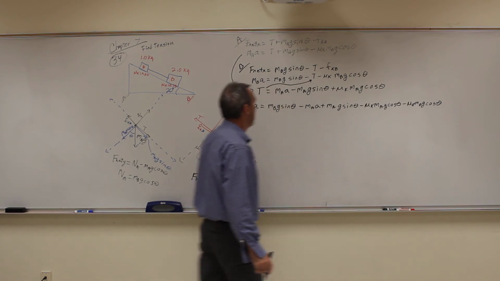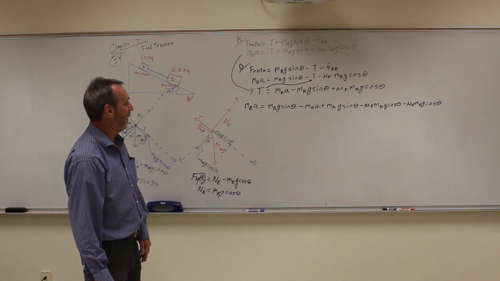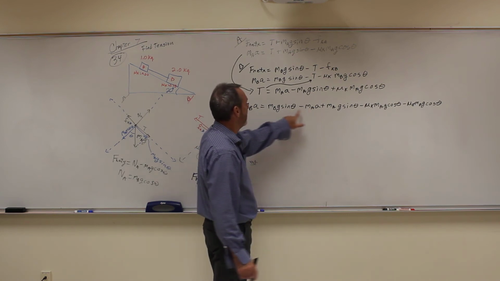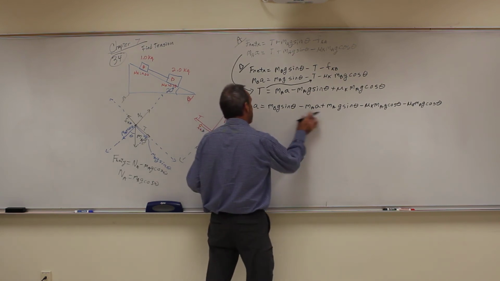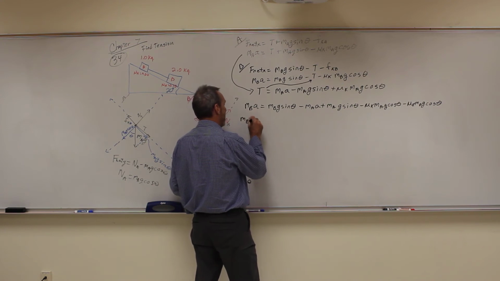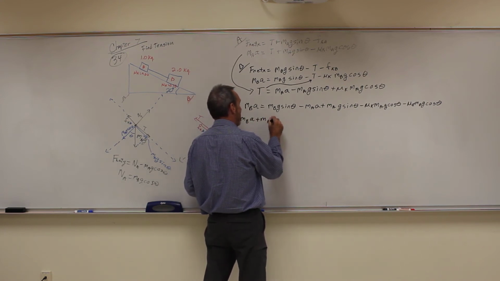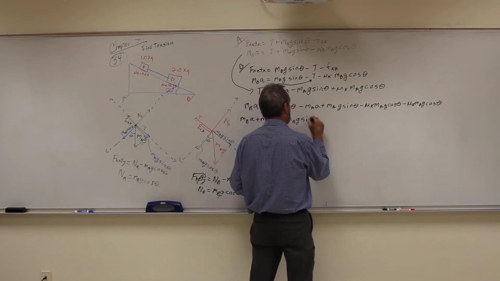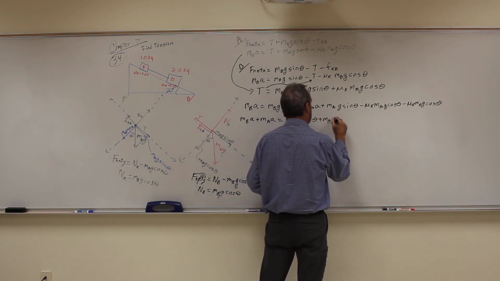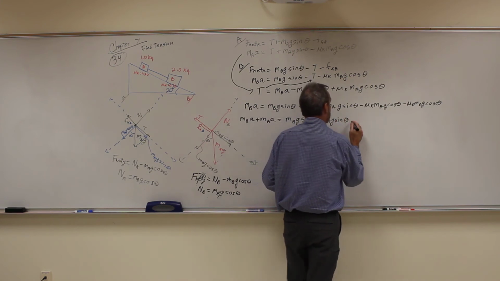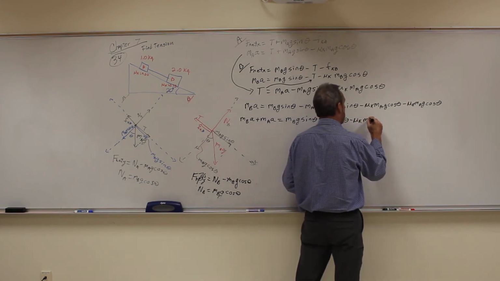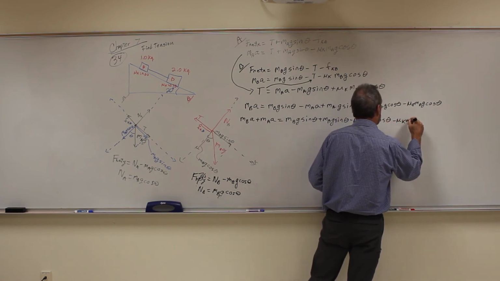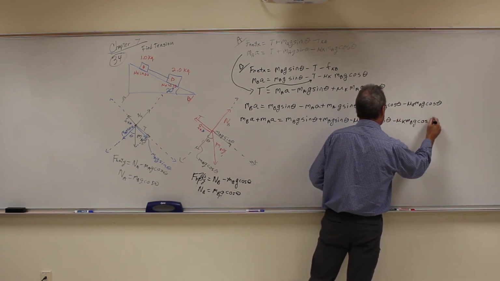All right, so I got this big long equation, and I'm going to solve it for the acceleration. So I have to move that to this side, and I'm going to end up with m_B a plus m_A a is equal to this whole thing again: m_B g sine theta plus m_A g sine theta minus mu sub k m_A g cosine theta minus mu sub k m_B g cosine theta.